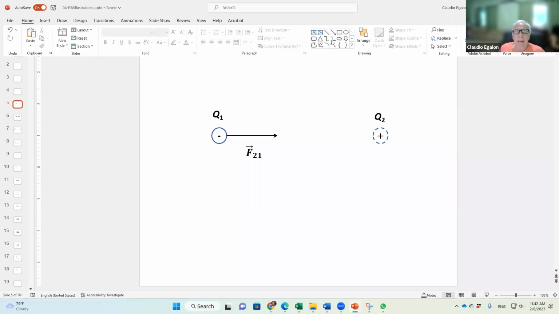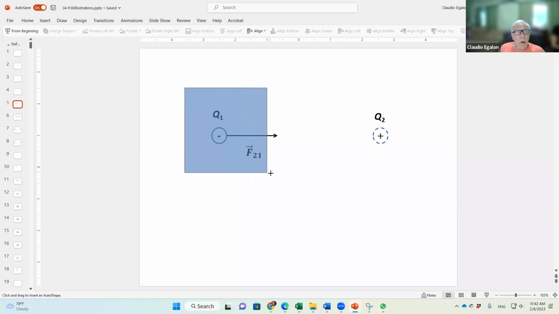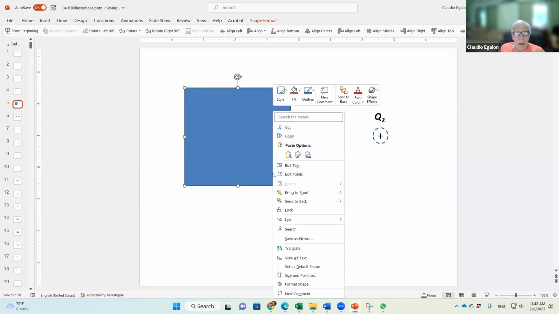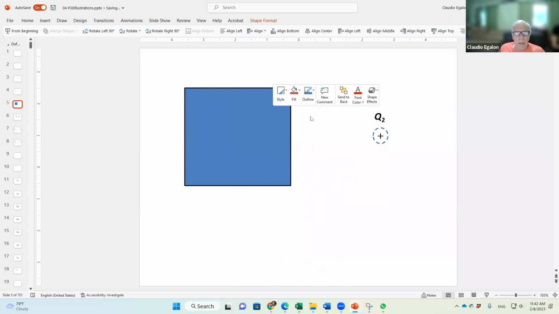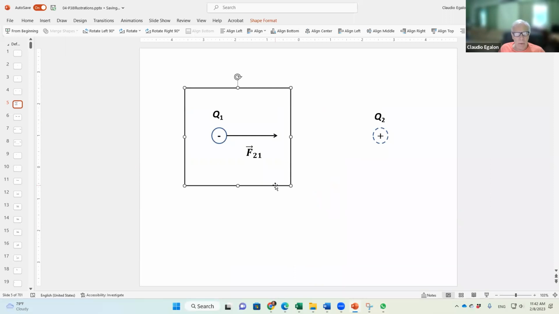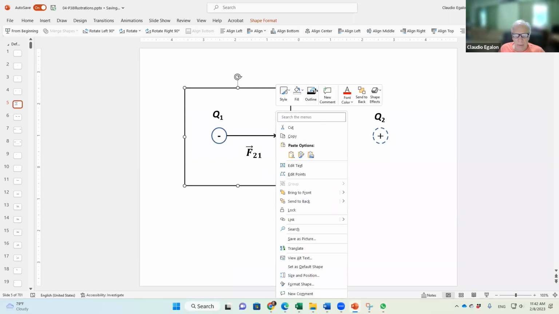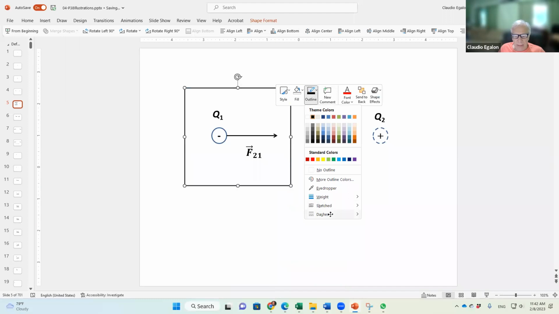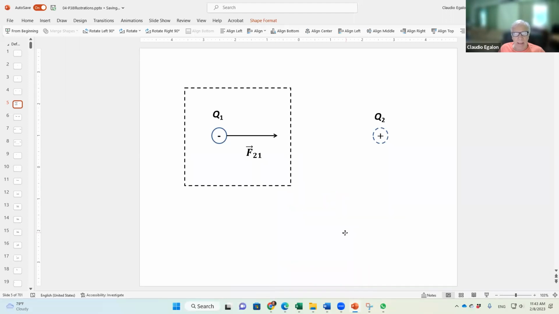And when we do the free body diagram of this charge alone, we draw a rectangle around this charge. The fill is going to be no fill. We also put some dashed lines just for you to understand that this is a free body diagram.